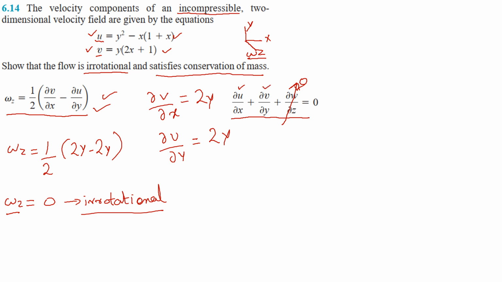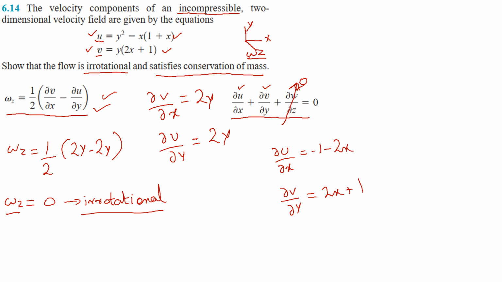So taking these, partial u over partial x will be equal to -1 minus 2x, and partial v over partial y will come out to be 2x plus 1.